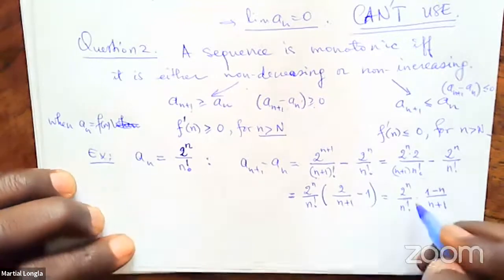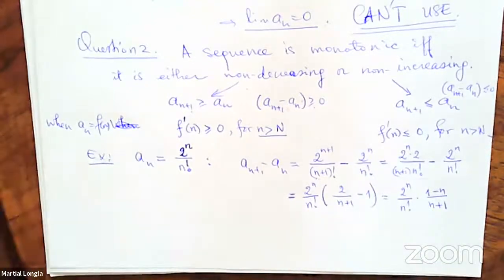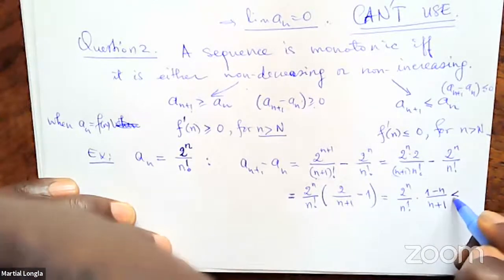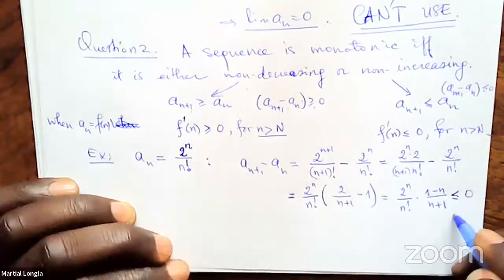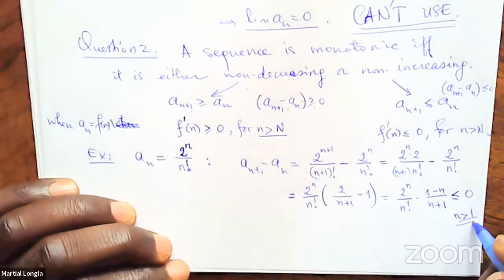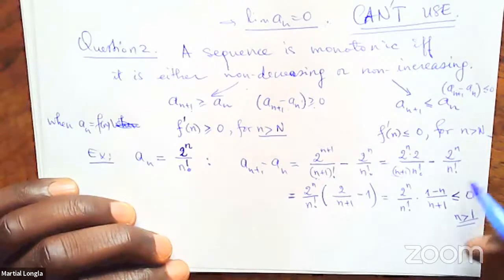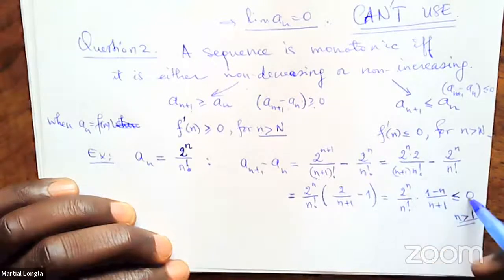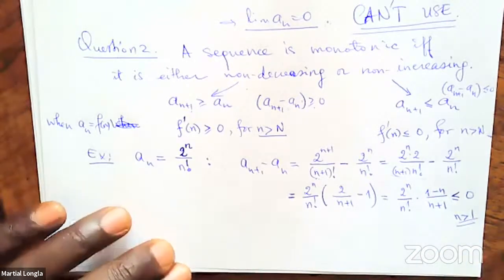Now you can see with this computation that this number is less than or equal to 0 as soon as n is larger than 1, right? Is that making sense? Yeah. So as soon as n is larger than 1, this thing is negative, this is positive, so the whole thing is negative.